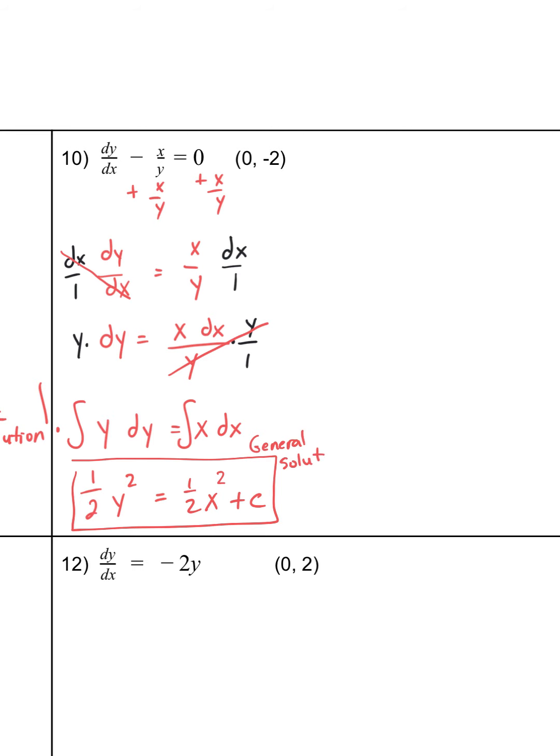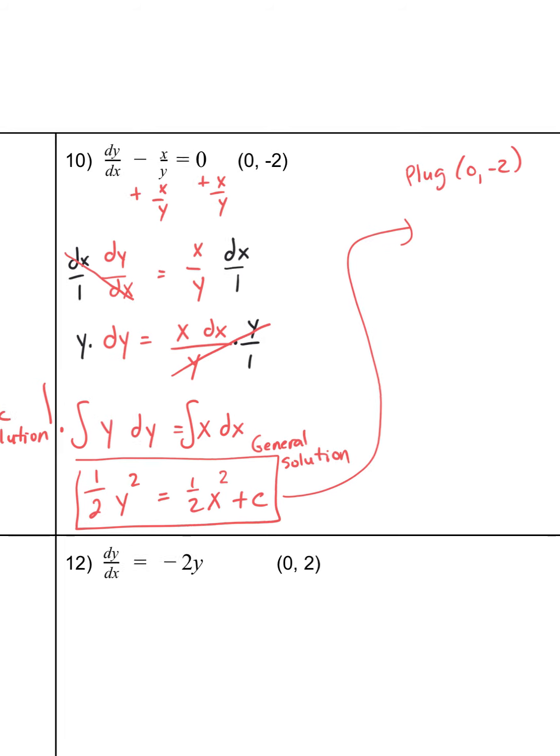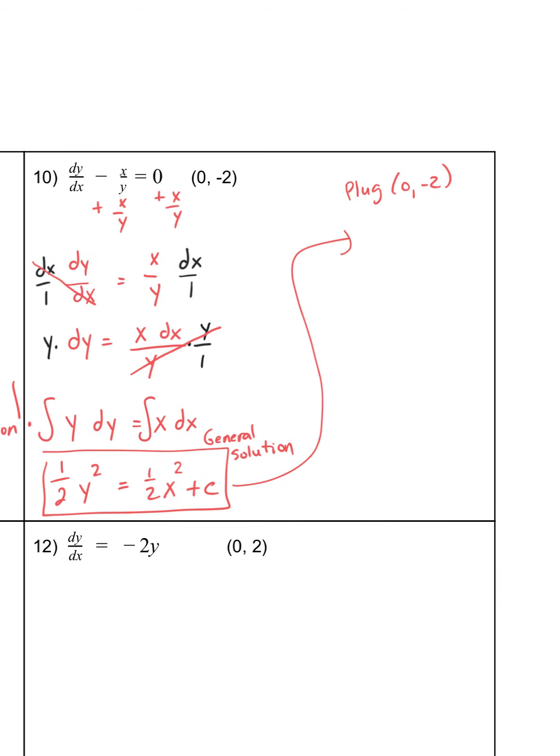Okay, now we're going to plug in our point. So now we plug in 0, -2. And that's going to help us find c. Alright, this is my x and this is my y. So 1/2 times -2 squared is equal to 1/2 times 0 squared plus c.